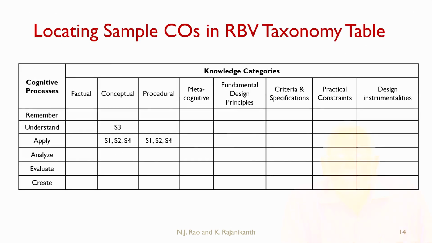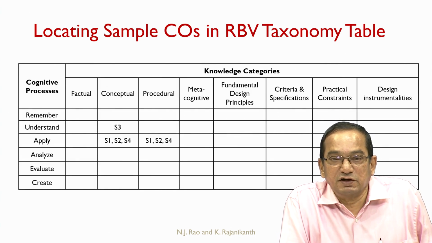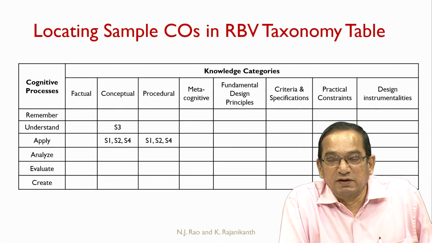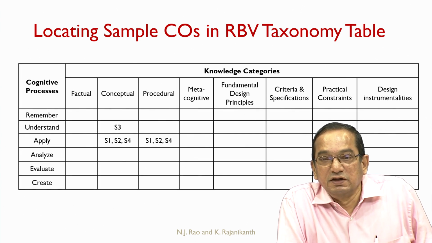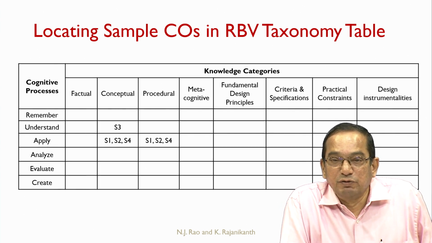So, when we locate the COs in the taxonomy table, S1, S2, S4 are all at apply level, but S3 is at understand level. The knowledge categories involved were conceptual and procedural for S1, S2 and S4, but it was conceptual for S3.